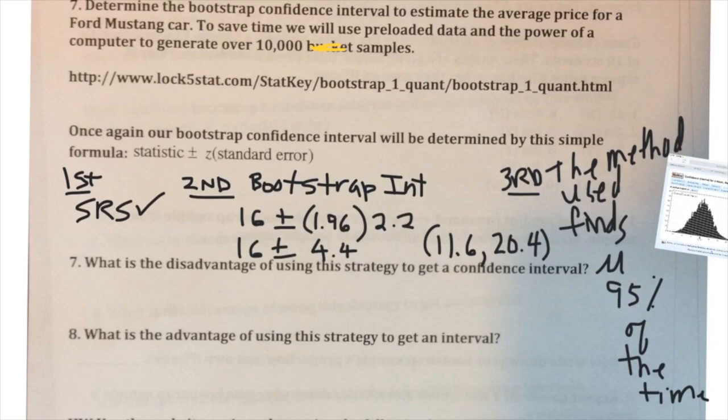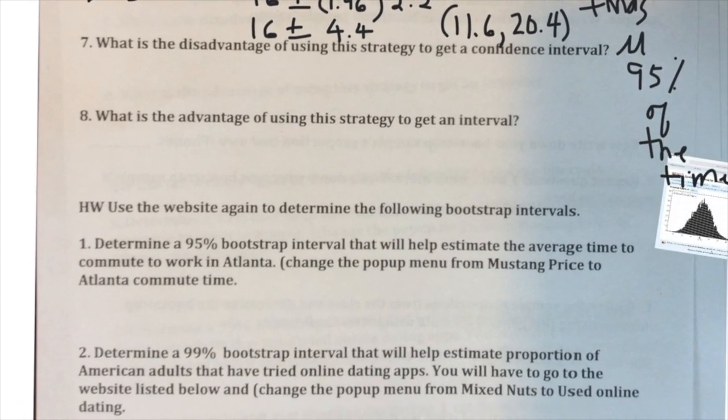So let's take a quick look at some of the advantages and disadvantages of this strategy. Disadvantages. Well, let's think about what could be in our way of using a Bootstrap interval. Well, one disadvantage is you can't do this without a calculator, or especially the website.